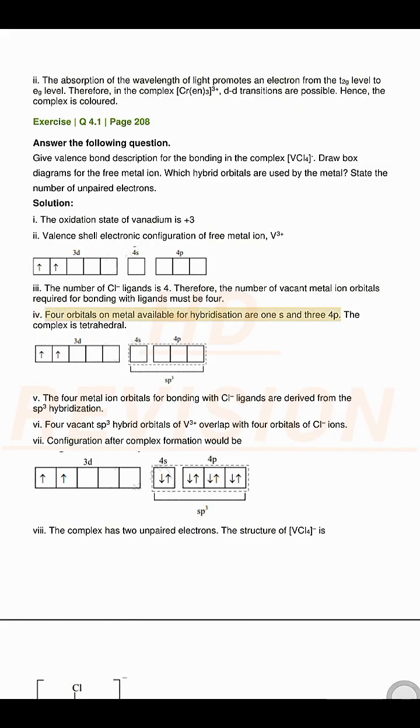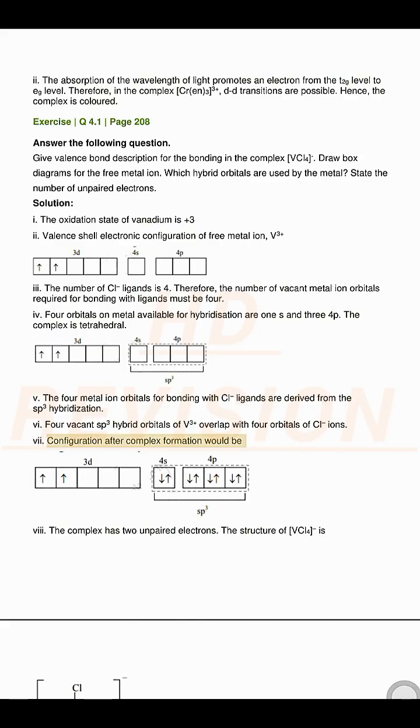The 4 orbitals on the metal available for hybridization are one 4s and three 4p. The complex is tetrahedral. V. The 4 metal ion orbitals for bonding with Cl ligands are derived from sp3 hybridization. VI. The 4 vacant sp3 hybrid orbitals of V3+ overlap with 4 orbitals of Cl- ions.